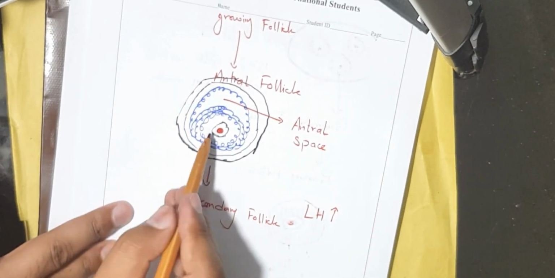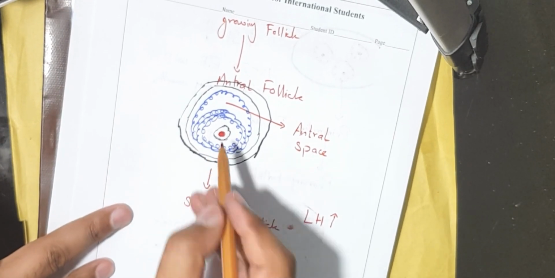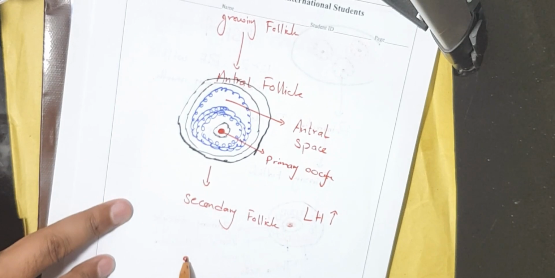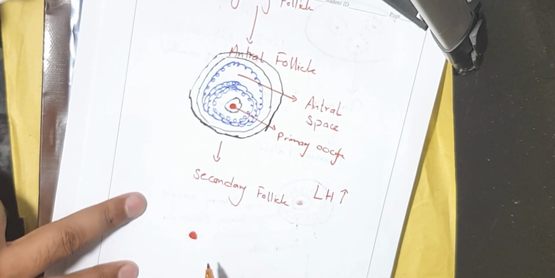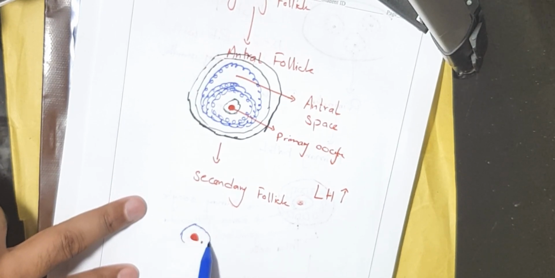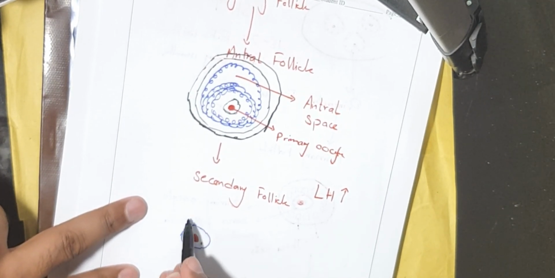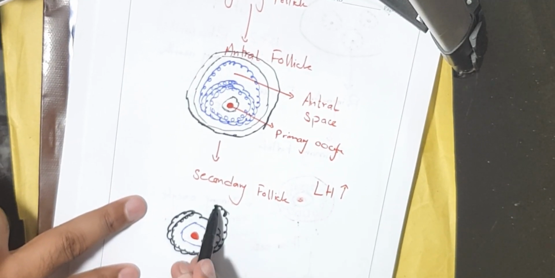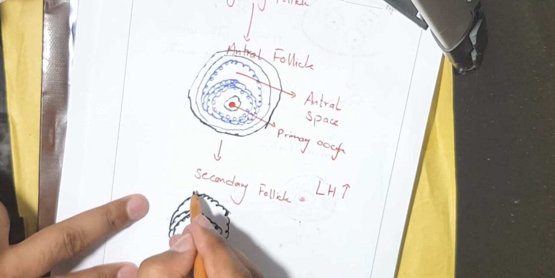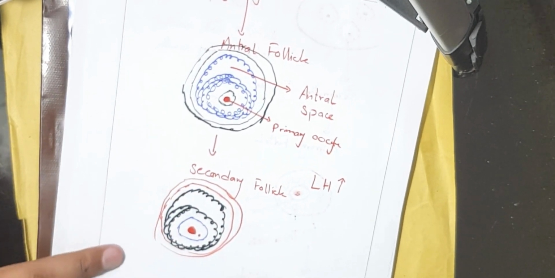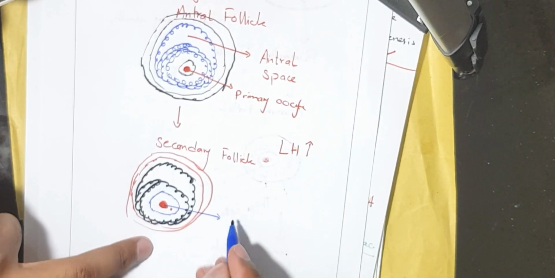Okay, this will change into the secondary follicle whenever at puberty there is an LH surge. Now this was the primary oocyte, but as the LH surge occurs, this antral follicle will try to ovulate, but the primary oocyte has not changed into the secondary oocyte, so it will quickly change into the secondary oocyte, and all of the remaining structures will be the same: zona pellucida, granulosa layers, and theca cells.